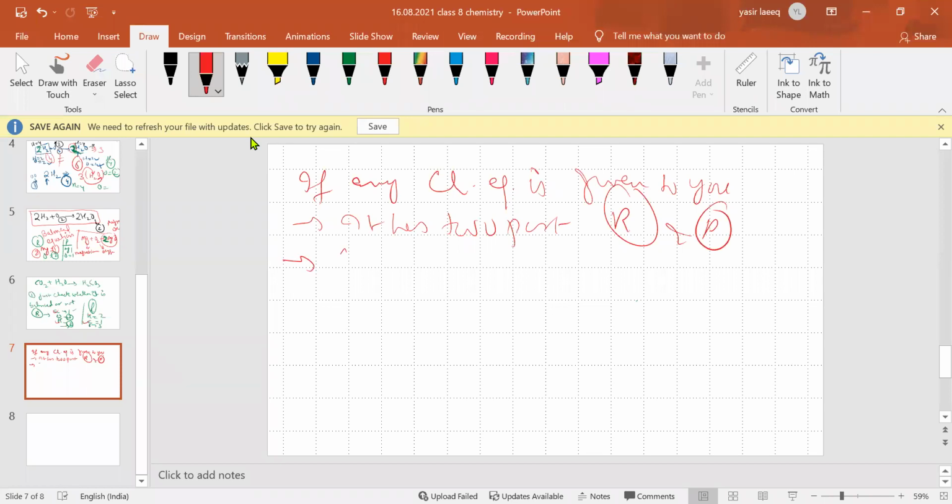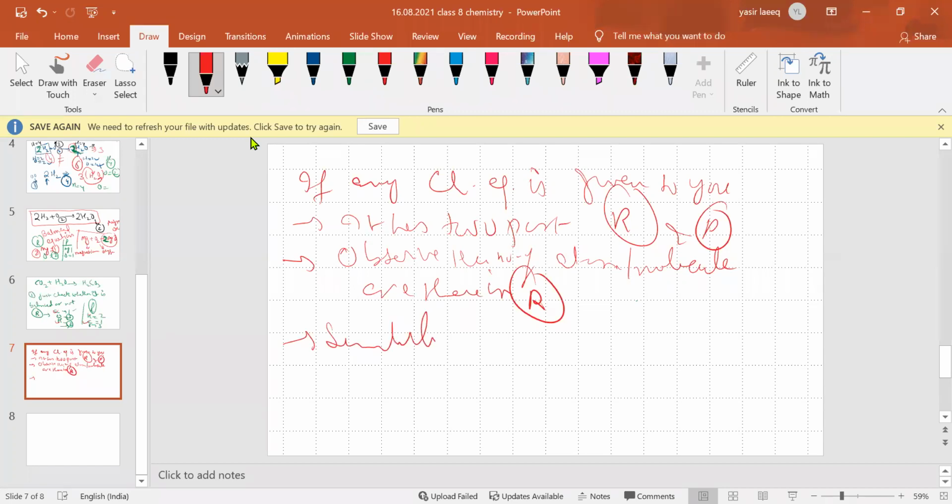Observe the number of atoms and molecules participating in the reactant part. Similarly, observe it on the product part.